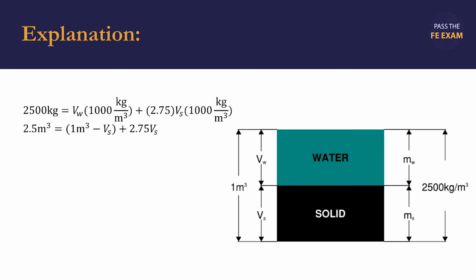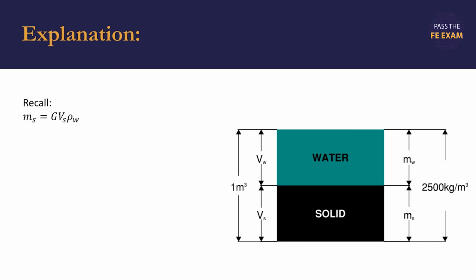So we can use this relationship and substitute the volume of water with the quantity 1 cubic meter less the volume of the solids, V sub S. Simplifying, we have 1.75 times the volume of the solids is equal to 1.5 cubic meters. Further simplifying, the volume of the solids is 6/7 cubic meters.